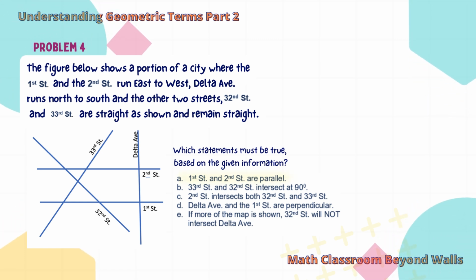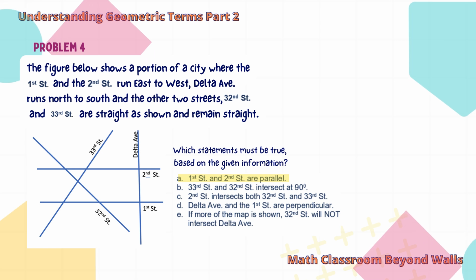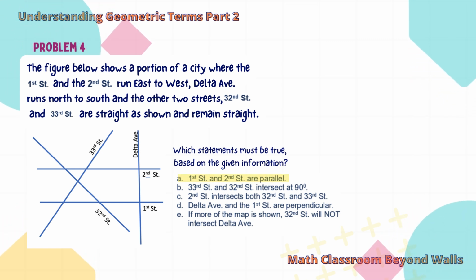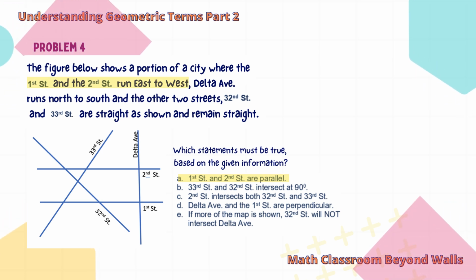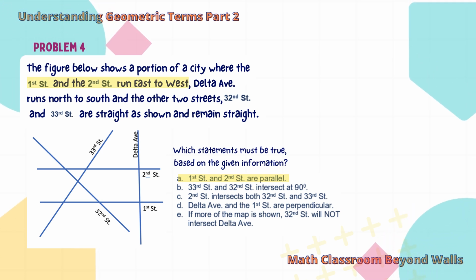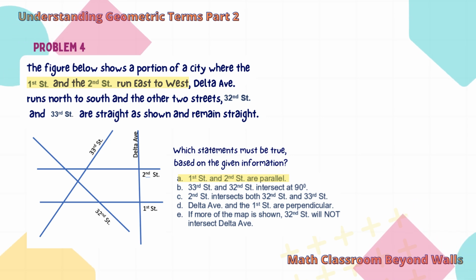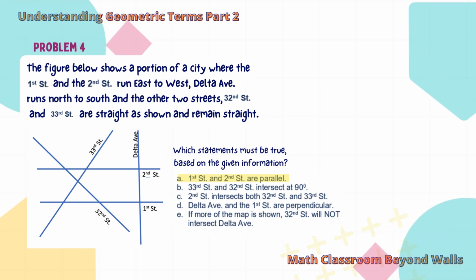Let us start with option A. First street and second street are parallel. Are the two streets really parallel? Let us find out. What is stated on the problem about them? The problem states that the first street and the second street run east to west. Let us look at the figure.